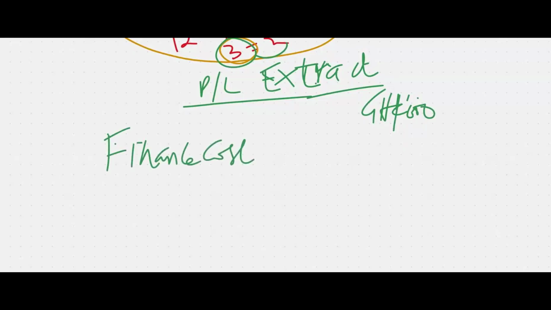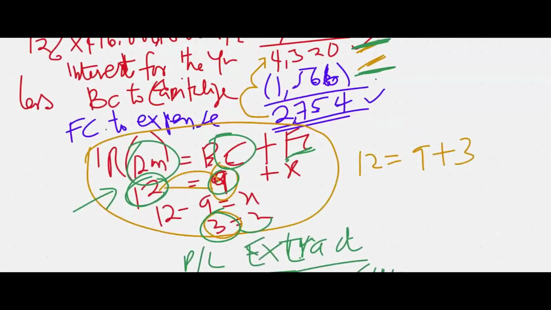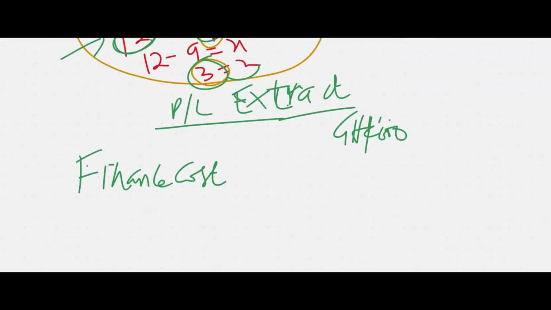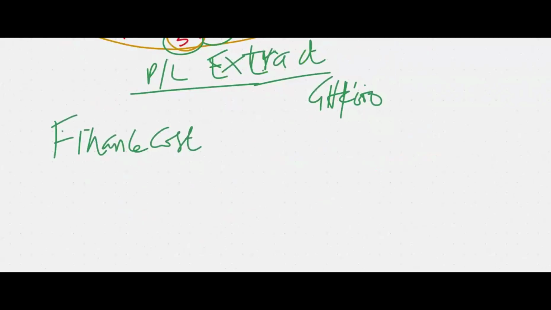How much was it? 2,754,000. Then you double underline. That's all. That's an extract. So you just do it this way. That's the end.